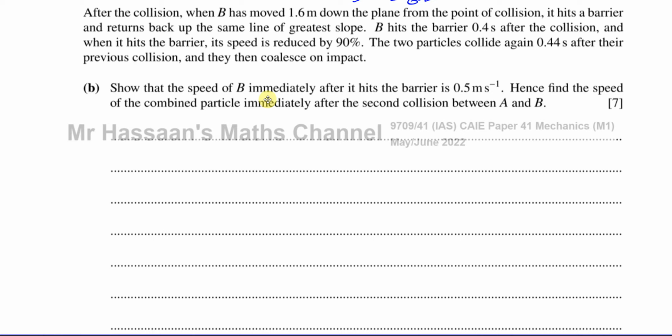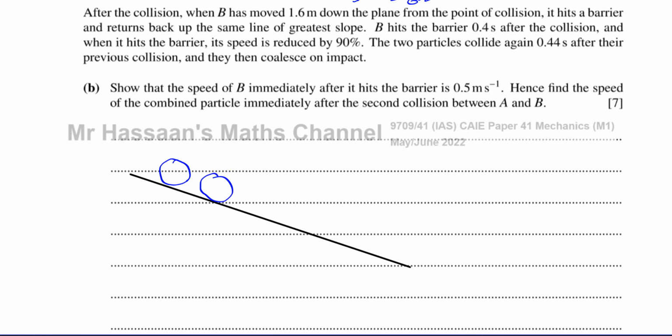So A is going down. Basically, let's try and picture what's going on. This is a very complicated scenario. I don't know what the examiners are thinking when they give questions like this. First of all, A and B collide at a certain point. This is A, this is B. Let me try and draw them separately so they don't stick together.